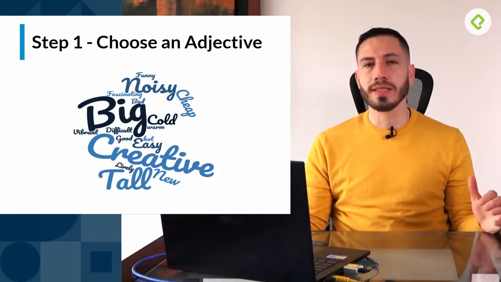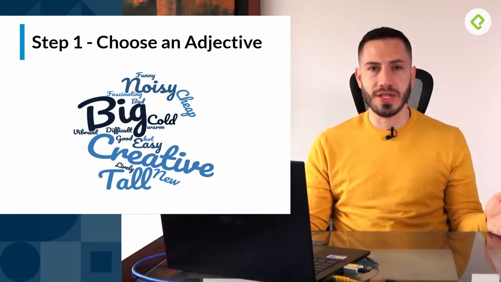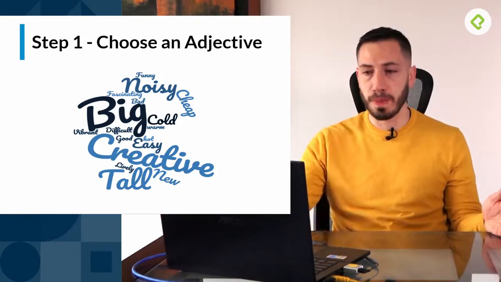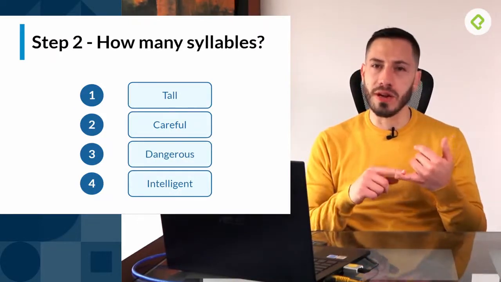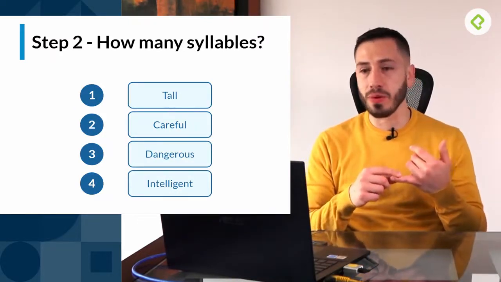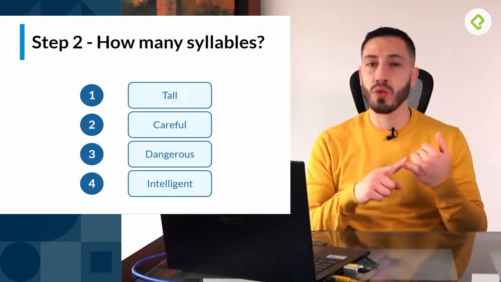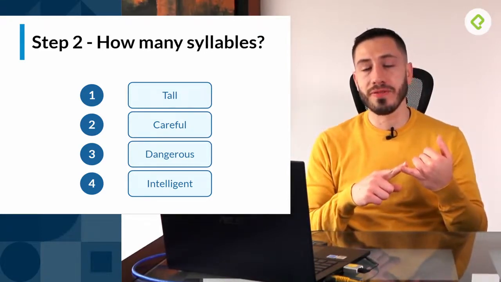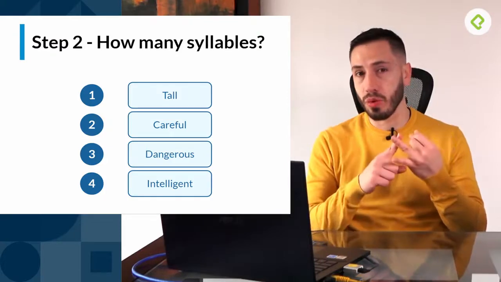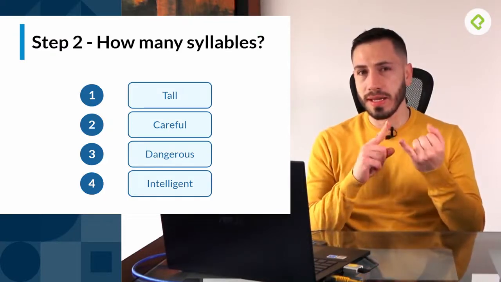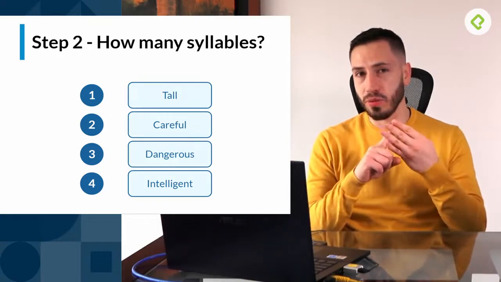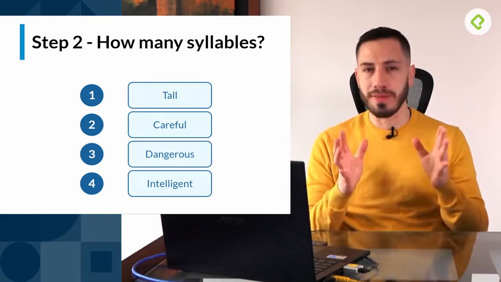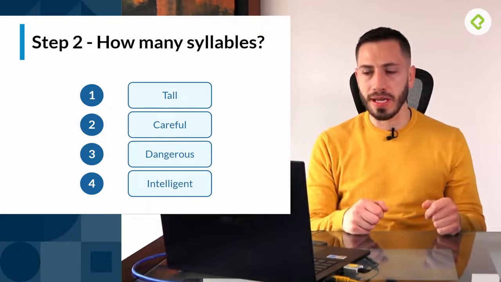So step 1, select or choose the adjective that you want to use. Step 2, see how many syllables are there in your adjective. For example, the adjective tall has 1 syllable, the adjective careful has 2 syllables, dangerous would have 3, intelligent would have 4. And this will be very important. I'll tell you why in a minute.